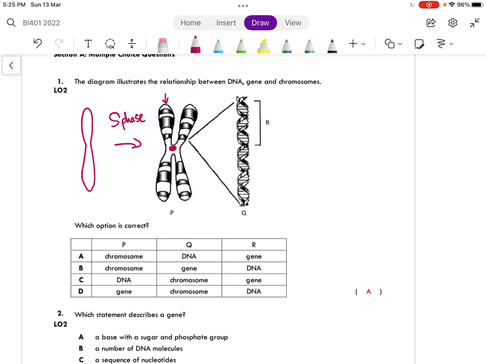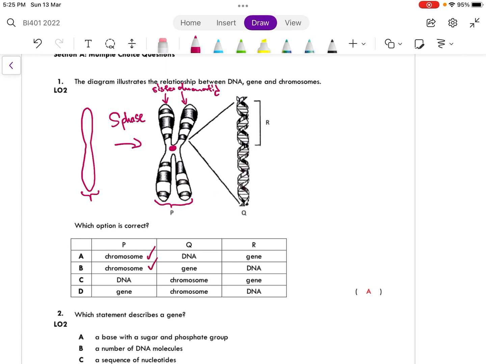So each one of these is called a sister chromatid. However, when we look at the entire structure P, that is a chromosome. This is also considered a chromosome, right? So the difference between a chromosome before S phase and after S phase is that after S phase we have two sister chromatids attached to each other. Alright, so that means only option A or option B can be the answer.